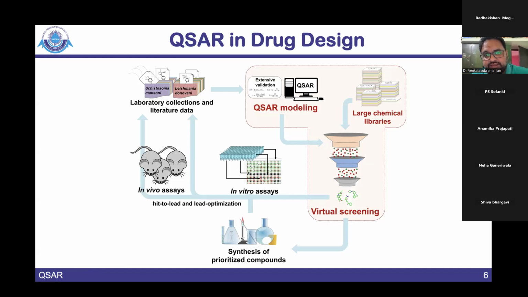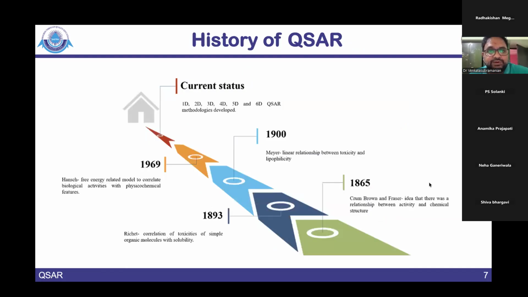But once we have some data where activities are known, we extract information from these evaluated compounds, and then use that knowledge to identify new compounds or select compounds that are more potent or more realistically have activity. We can use that information to improve the activity, and we can also use it to evaluate a particular compound, whether it will have activity or not. Okay, so that's the point.